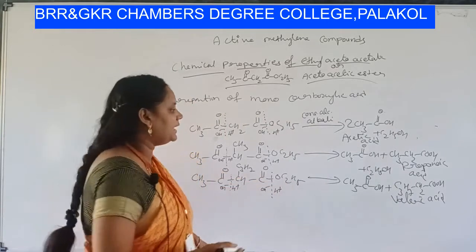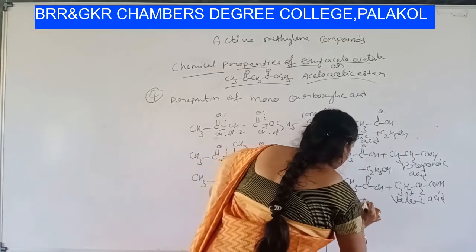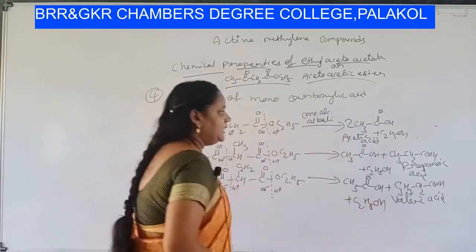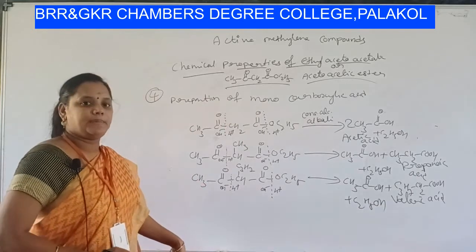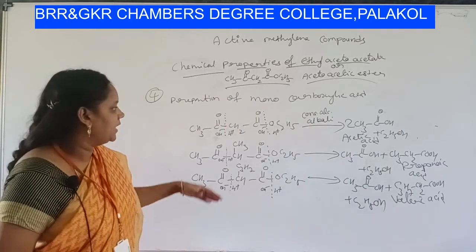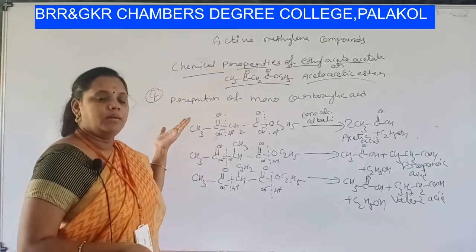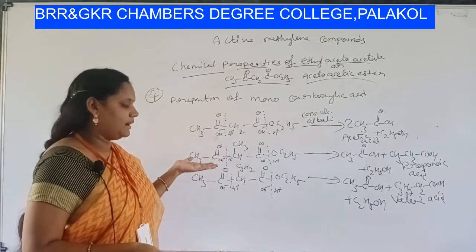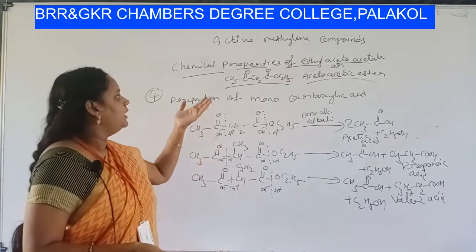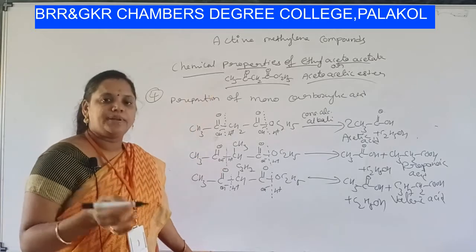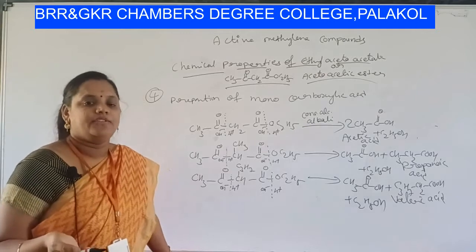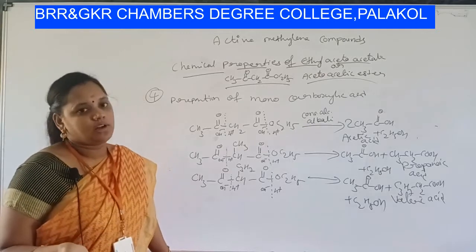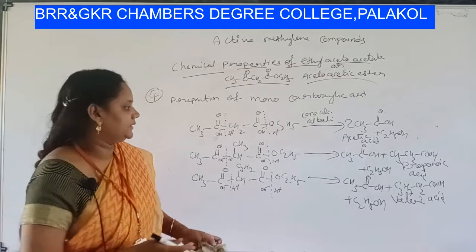C2H5OH, ethyl alcohol. So in this way we can easily prepare the carboxylic acids from monoalkyl derivatives of ethyl acetoacetate. Let me give an example from which we can prepare carboxylic acid from a dialkyl derivative of ethyl acetoacetate.